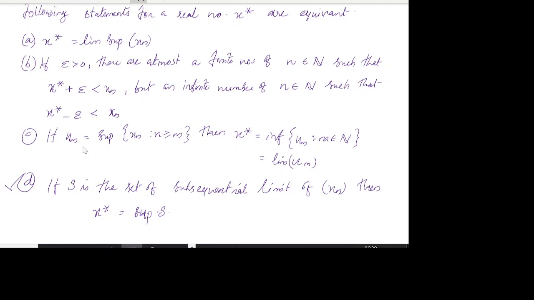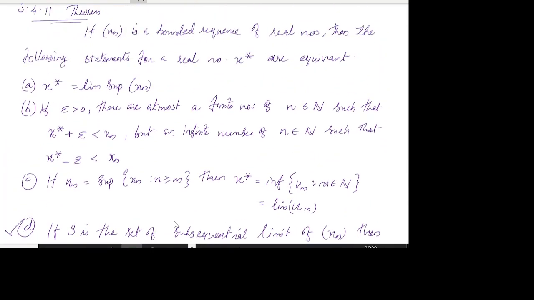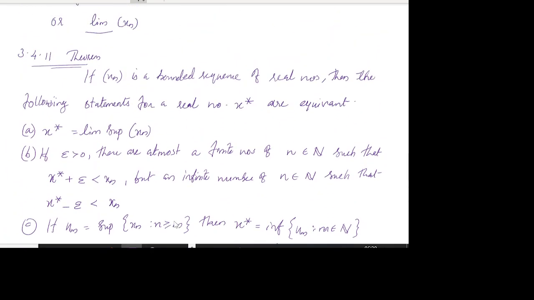Then x star is nothing but the infimum of vm such that m belongs to N, and that's equal to limit of vm. And the last one, if S is the set of all subsequential limits of xn, then x star equal to supremum of S. So we want to prove this equivalence condition.